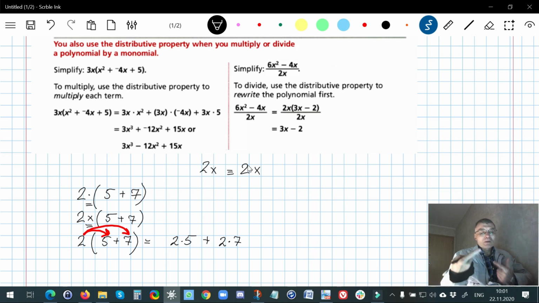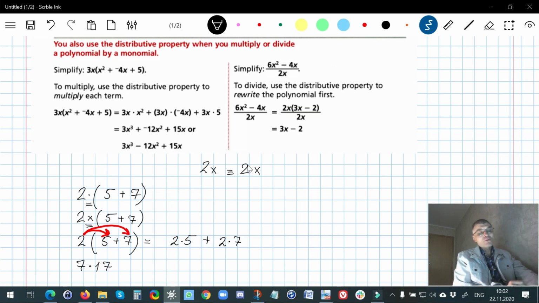Wouldn't it be easier to first perform 5 plus 7, the addition, and then to multiply? Yes, of course, but it's an alternative way which sometimes gives us great benefits. Let me give you an example. Let me multiply 7 by 17.